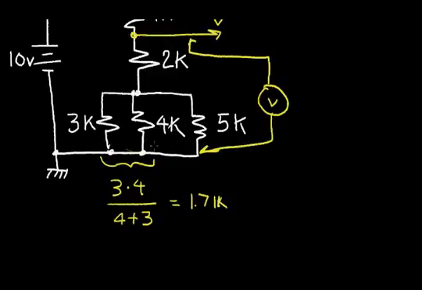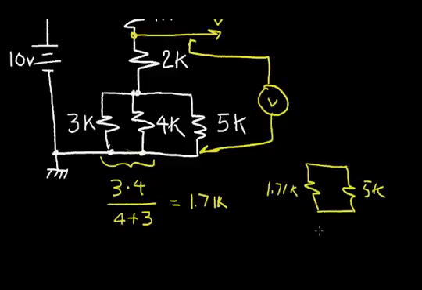So now we have an equivalent resistance for this resistor. So let's draw the bottom part as two resistors. We have a 5K, and we've just come up with an equivalent 1.71K. We want to replace these two resistors with an equivalent resistance.